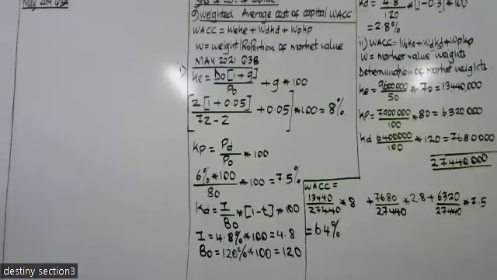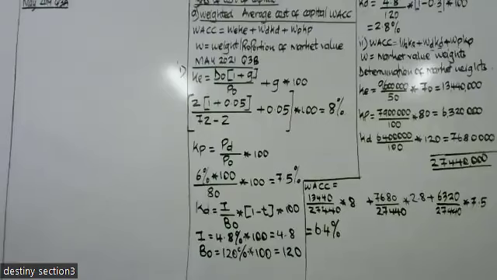Here they have said the existing 12% redeemable debenture is currently trading at par, and the 14% preference shares are currently trading at that price. The corporate tax rate is given. They say the cost of ordinary share.